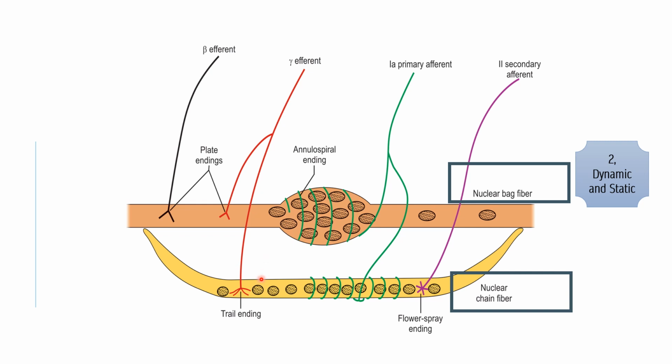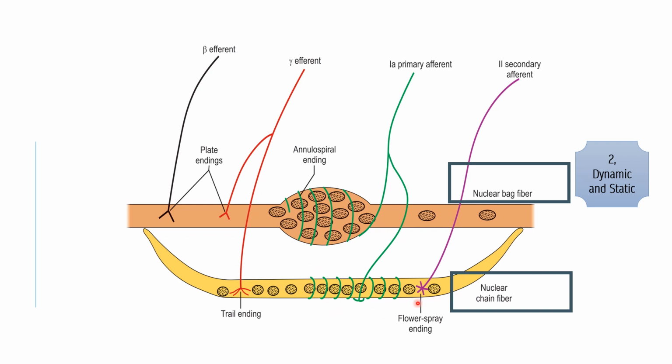Now what about their innervation or the sensory or afferent nerves arising from them? Here we can see the central portion of the nuclear bag fibers as well as those of the nuclear chain fibers contain an annulospiral ending, and from there the 1A primary afferent type of fibers are generated. These 1A fibers innervate all types of fibers: dynamic nuclear bag, static nuclear bag, and the static nuclear chain.